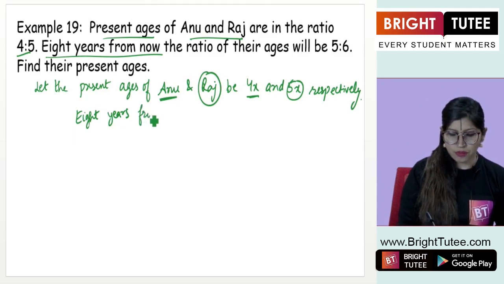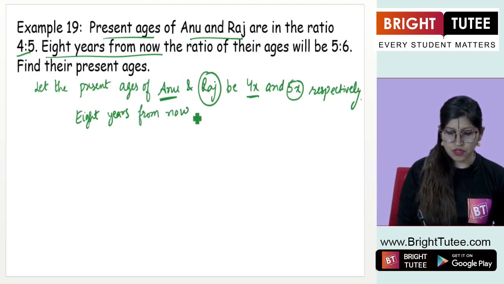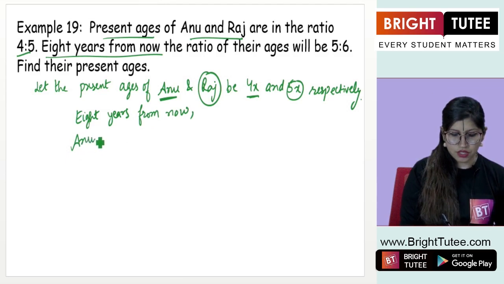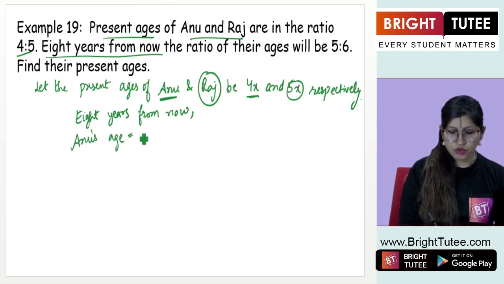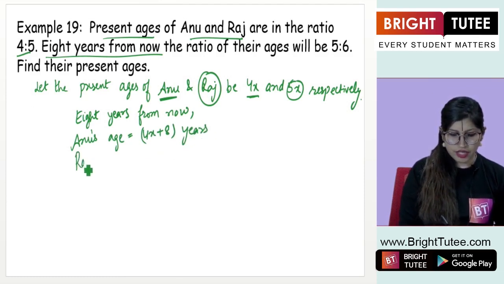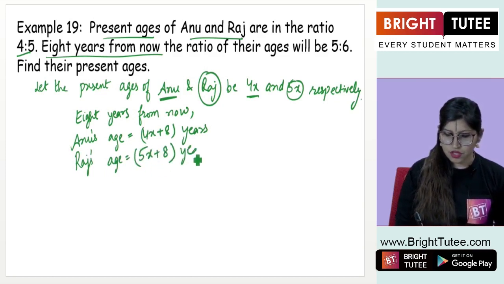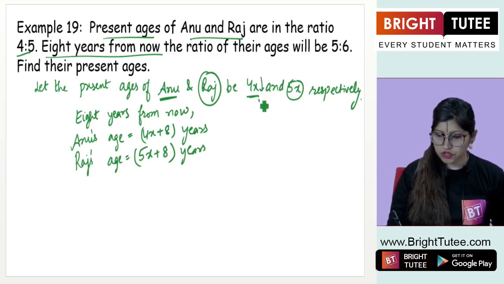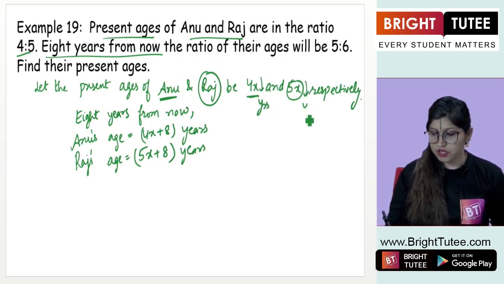So 8 years from now, Anu's age will be 4x plus 8 years and Raj's age will be 5x plus 8 years.